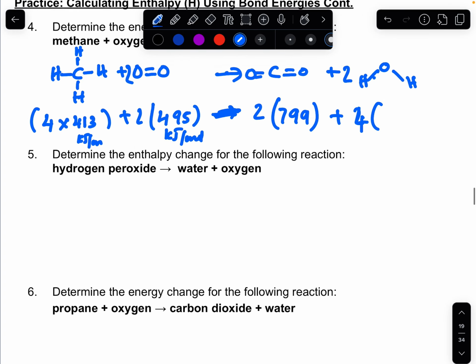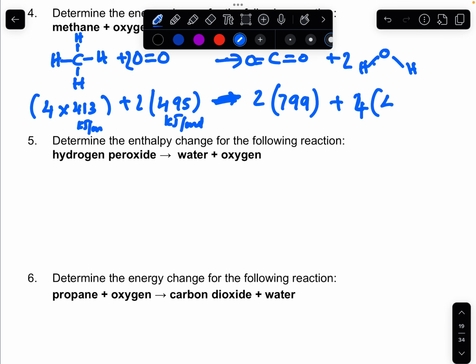Everything is in kilojoules per mole. All the tables are given in kilojoules per mole.